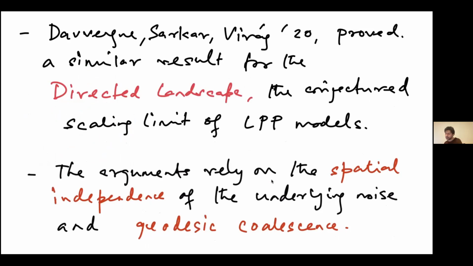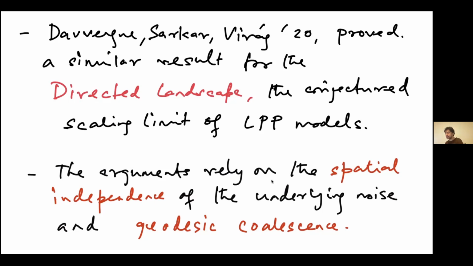The previous slide described this lattice model, which had exponential weights on the vertices, but there is a way to take a limit of the entire metric-type object, and what one gets is what is known as the directed landscape. And it turns out that a similar result is true in the scaling limit, and this was shown by this group.